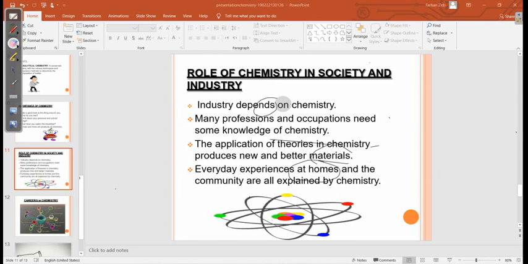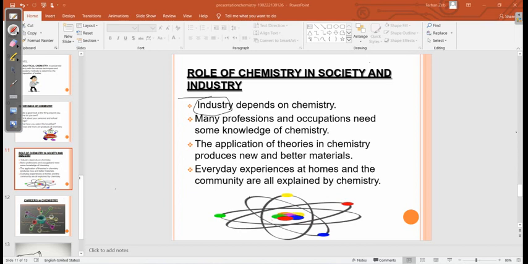The role of chemistry in our society and industry is much more important. The role of chemistry is in every field of life. We can never succeed without chemistry, as everywhere you can see the different aspects of chemistry, their laboratory methods, and many other techniques regarding chemistry and their studies. Industries are nothing without chemistry.